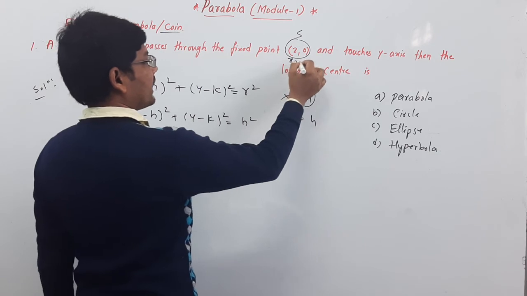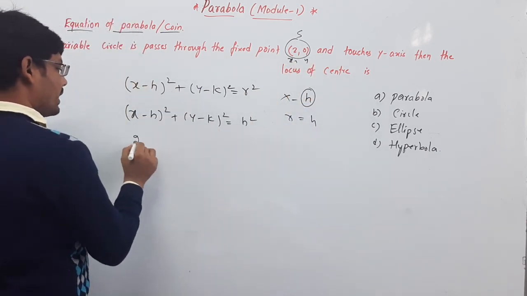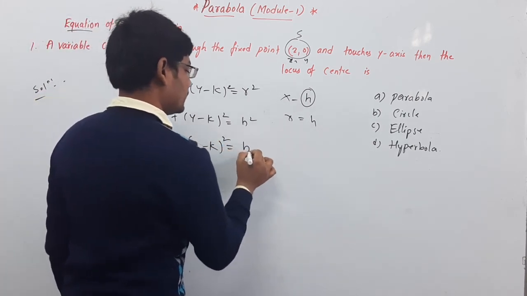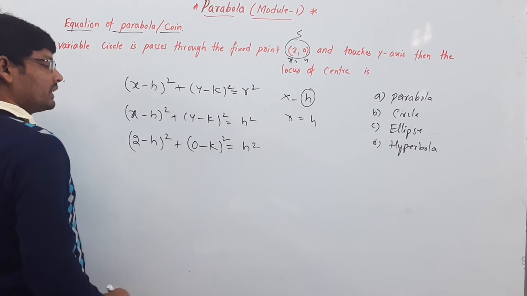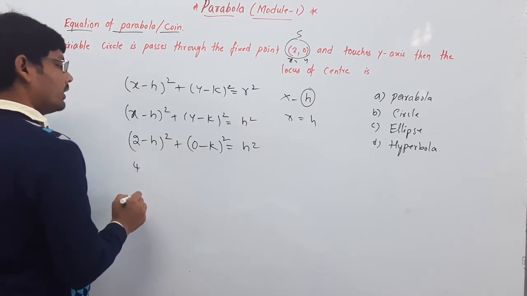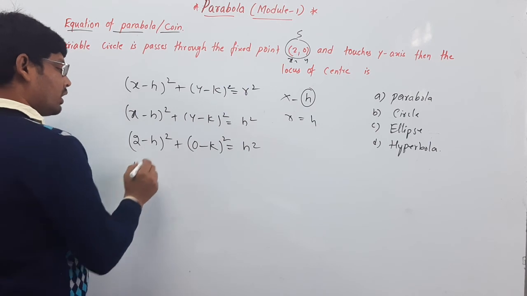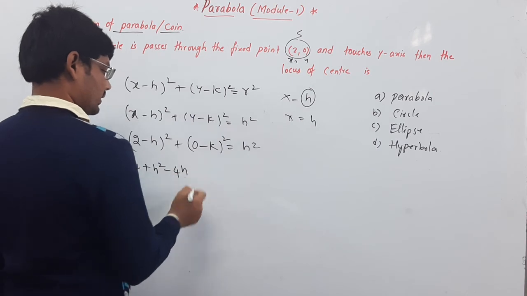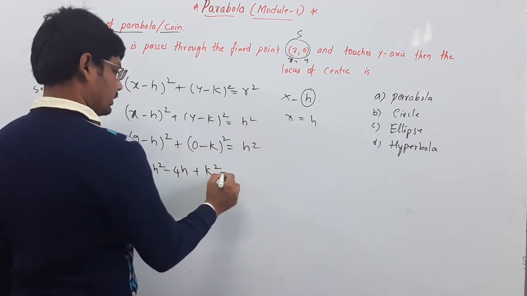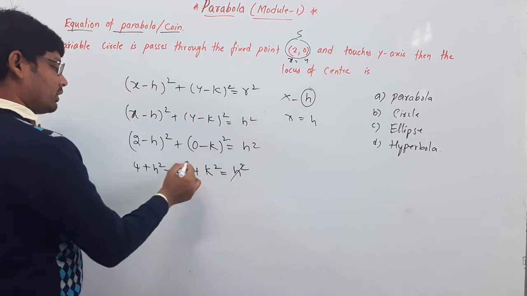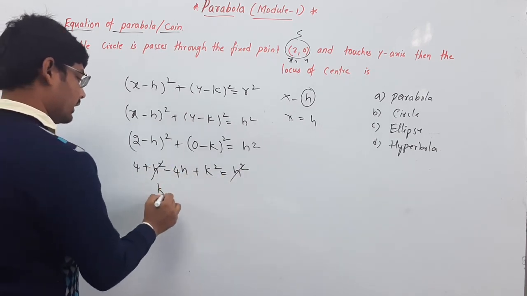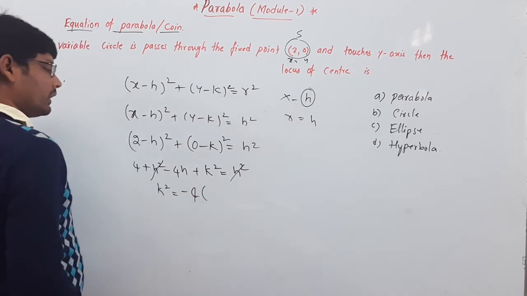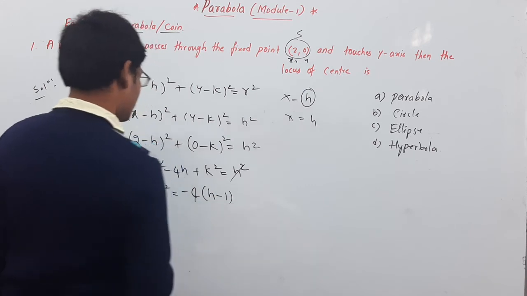Substituting x and y, we get (2 minus h) whole square plus (0 minus k) whole square is equal to h square. Expanding, 4 minus 4h plus h square plus k square is equal to h square, and the h square gets cancelled. The final result is k square is equal to minus 4 into (h minus 1).